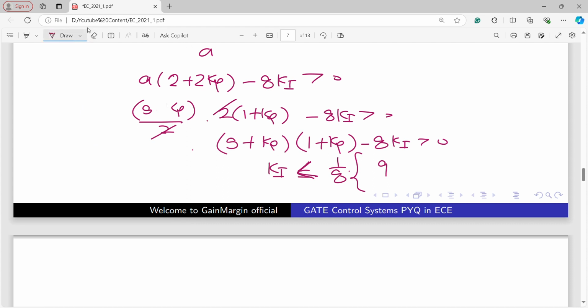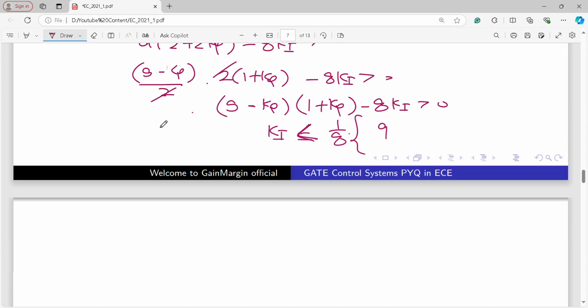So 9 minus kp into 1 plus kp. Okay, so let us solve this.